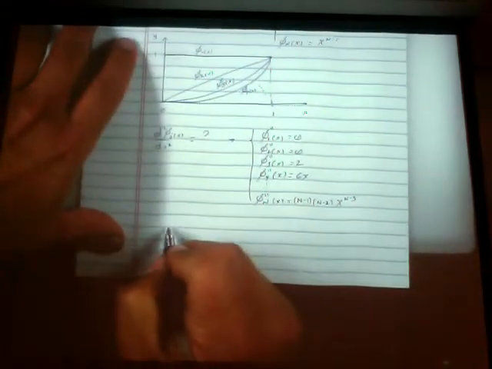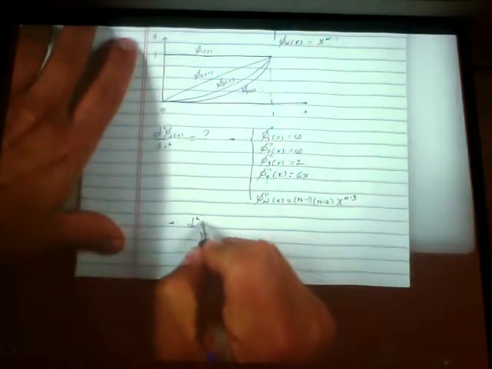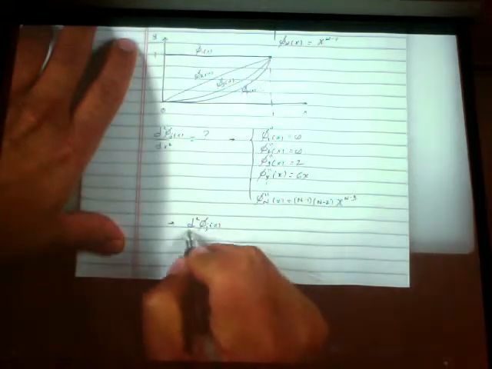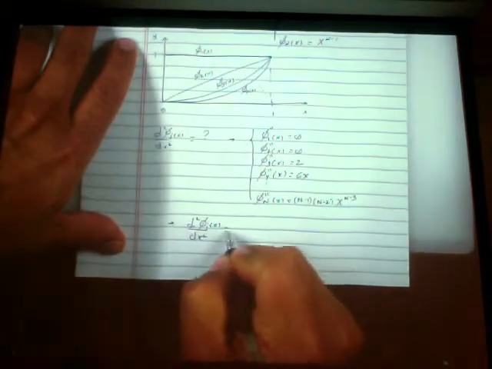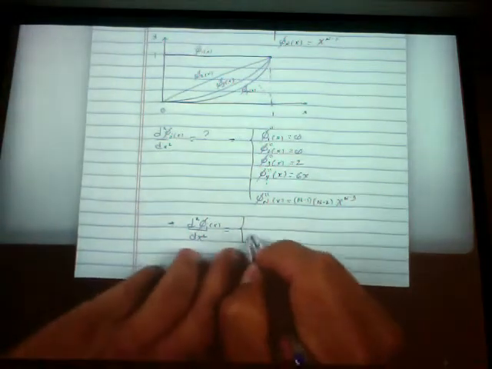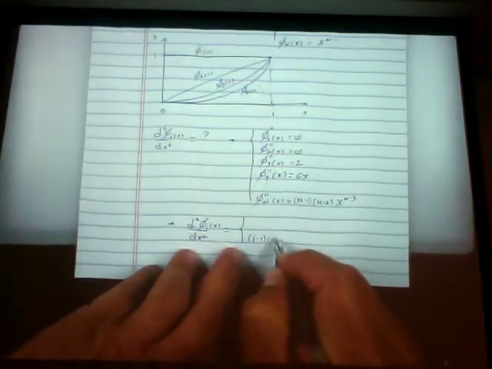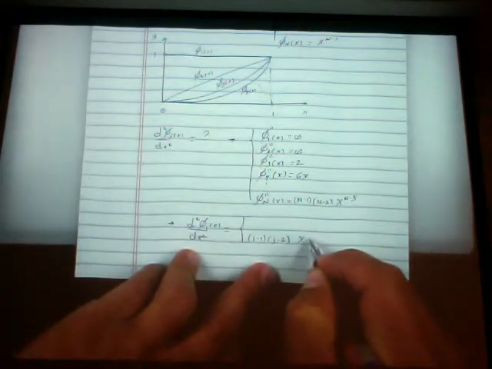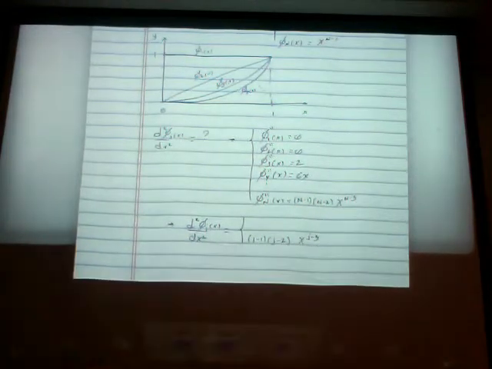So therefore, the second derivative of phi j with respect to x squared is equal to, we have to be careful, j minus 1 times j minus 2 times x to the power of j minus 3.